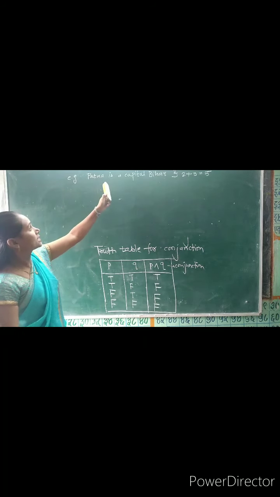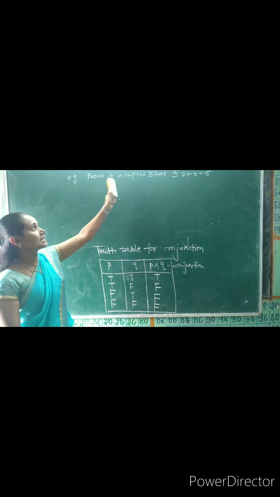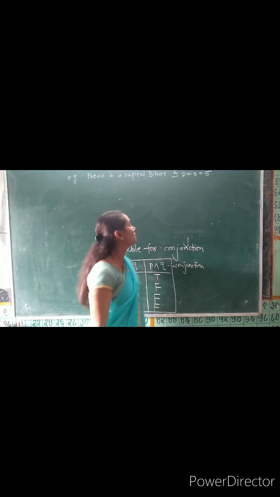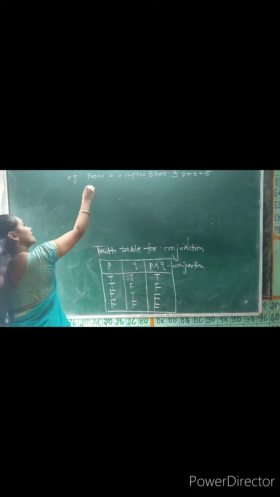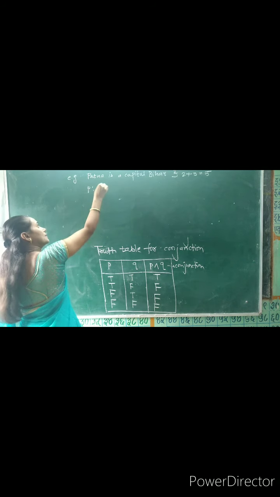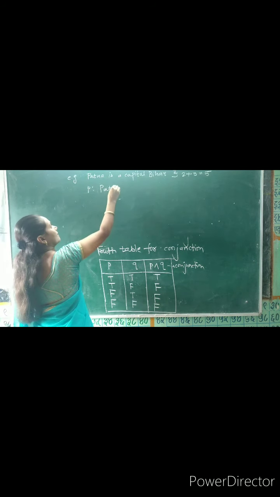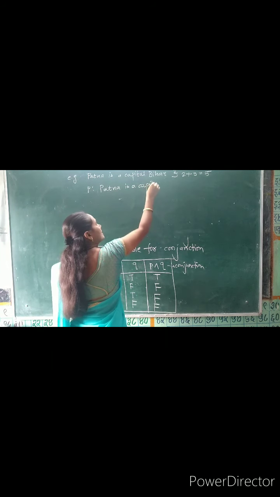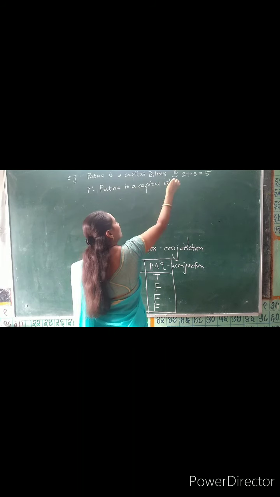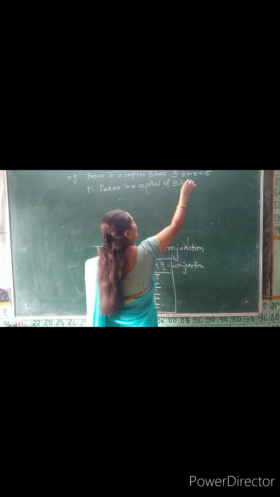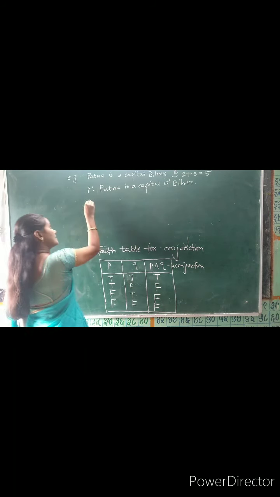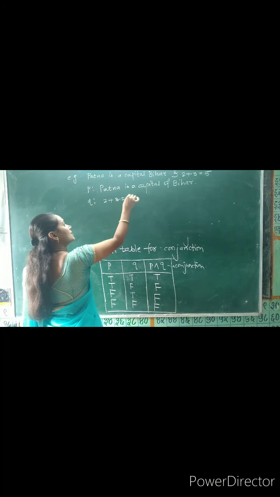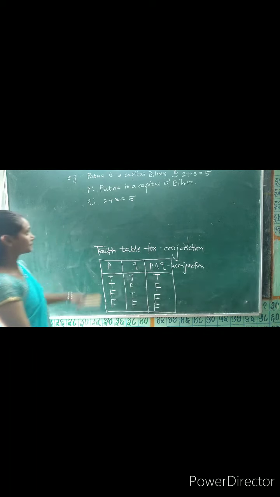Here are two statements. The first one is Patna is a capital of Bihar, and the second is 2 plus 3 is equal to 5. So first we write the P statement: Patna is a capital of Bihar, and the second statement Q is 2 plus 3 is equal to 5.